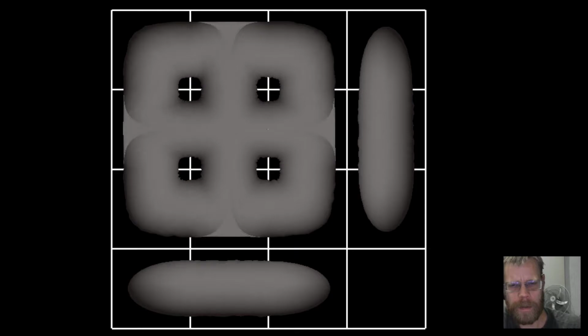So I think this is what I managed to do on stream once. It's the same sort of idea as the metal, except much more basic. I don't think it is reacting a little bit to the light.